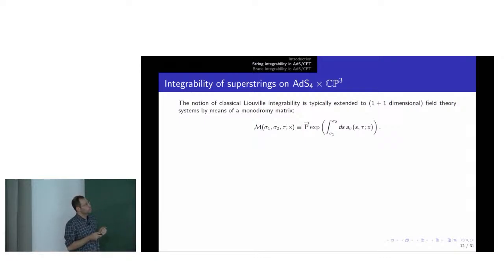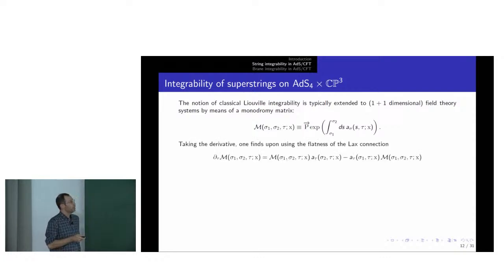And in order to actually construct these conservation laws, we need this object here, which is known as the monodromy matrix, which is just the holonomy of this component of the Lax connection, of this fixed frame Lax connection. And it's very easy to see how this leads to an infinite set of conservation laws.